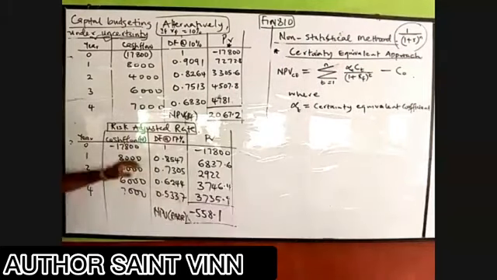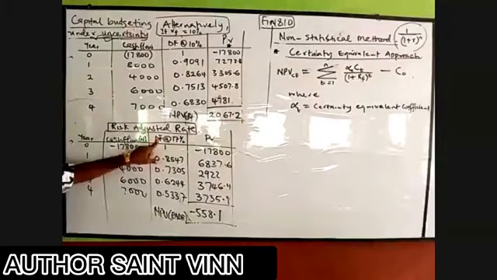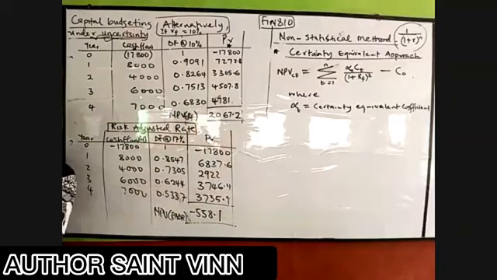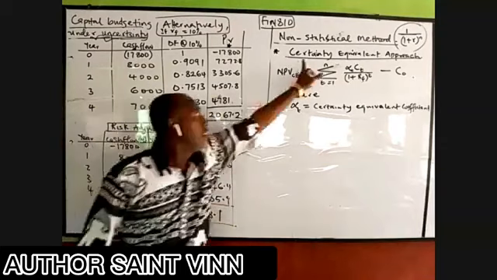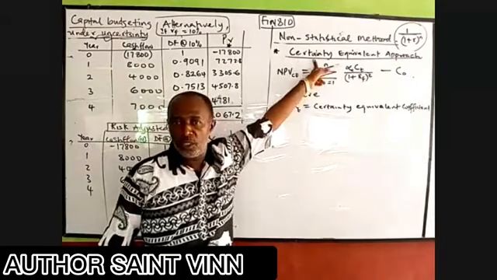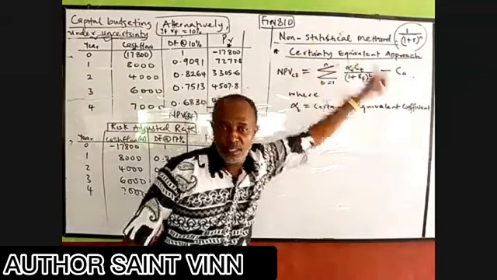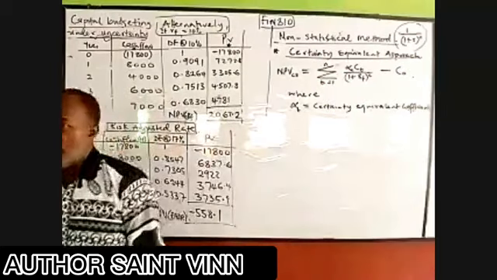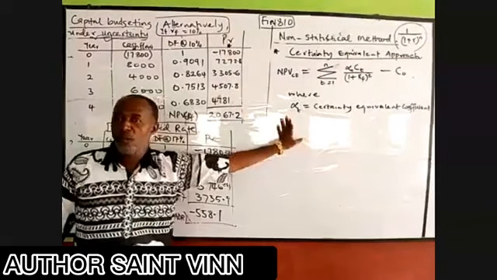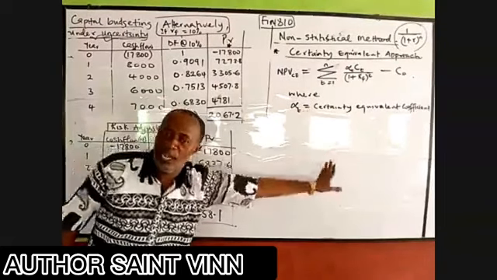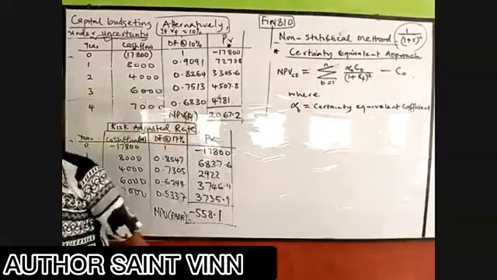The one you saw now was the risk-adjusted discount rate, the first method in non-statistical method. This is the second approach under non-statistical method. Is it clear? Good. And this is our formula for the certainty equivalent approach or method.